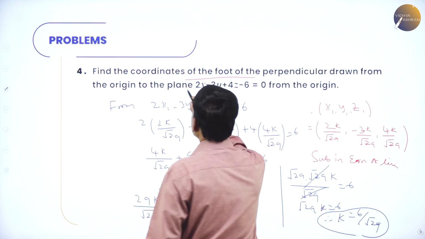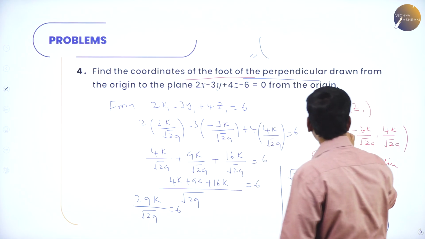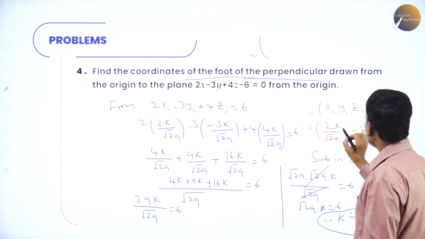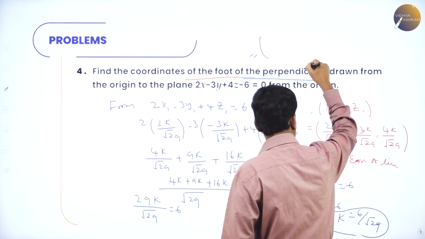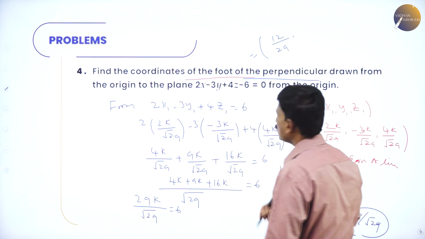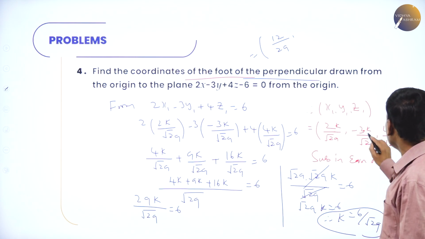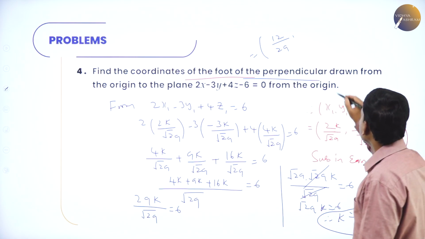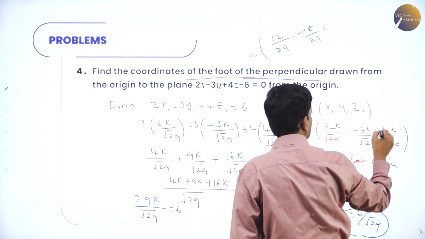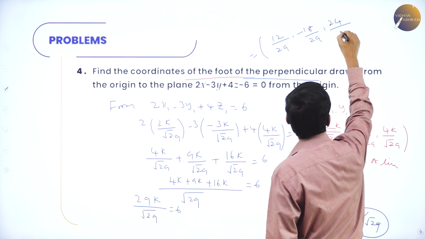Therefore, the coordinates of the foot of the perpendicular: k is equal to 6 by root 29. 2 into 6 is 12, root 29 gets cancelled, you will get 12 by 29. Again, minus 3 into 6, 6 3s are 18 divided by 29, and 6 into 4 is 24 divided by 29.